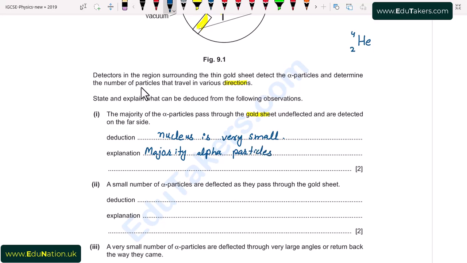So most of them do not pass near the nucleus.